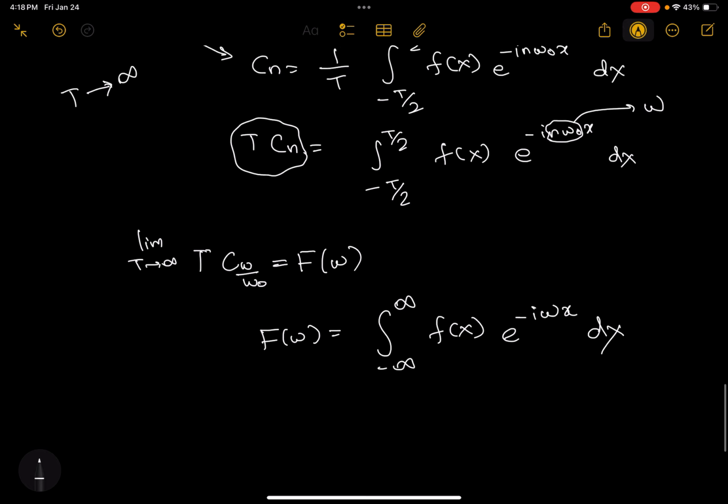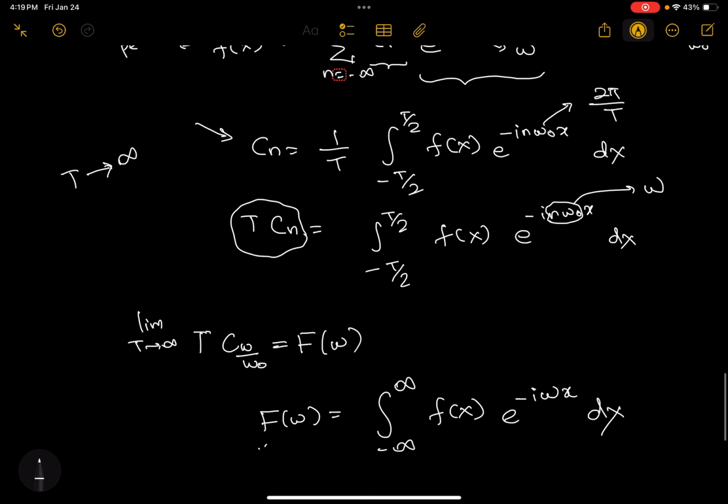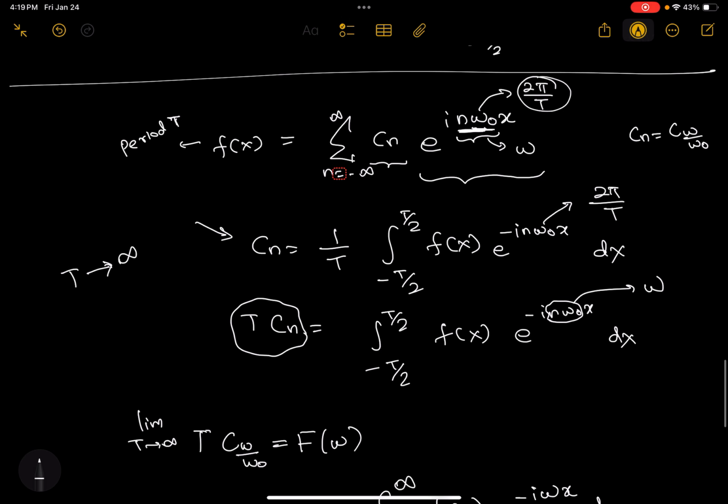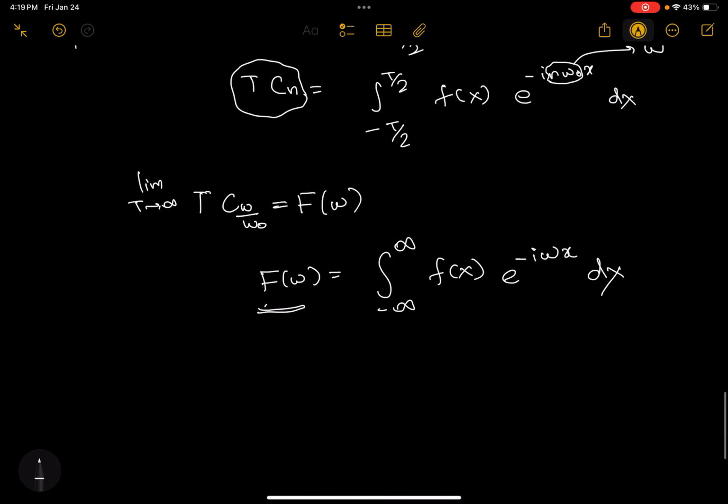That's how it's defined, and we know that this F of omega has c sub n in it, and that gives us the idea of how much of this omega is in the function. So basically, this F of omega quantifies how much of an angular frequency is in a function.